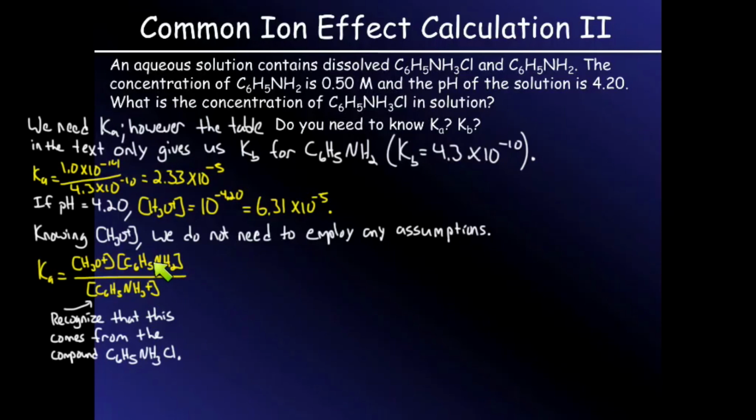So this concentration was given. We found this by looking up Kb and then converting it to Ka, and we got the hydronium concentration from pH. Now all we need to do is plug in our values, rearrange, and solve for the conjugate acid concentration.